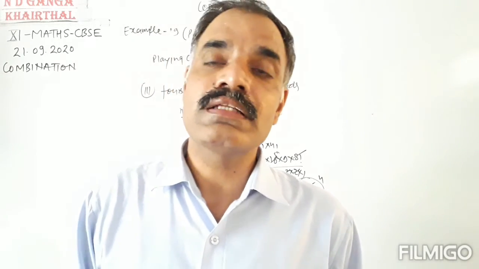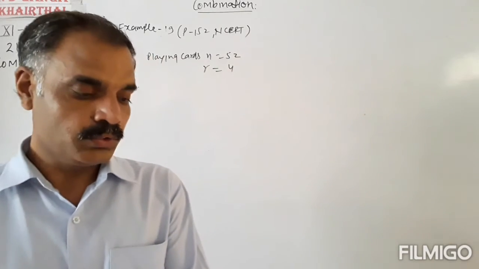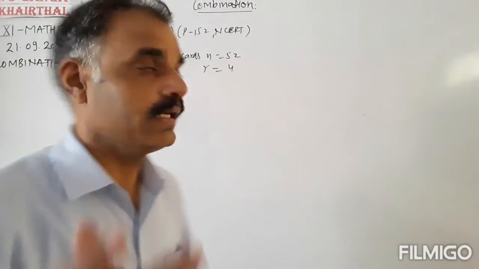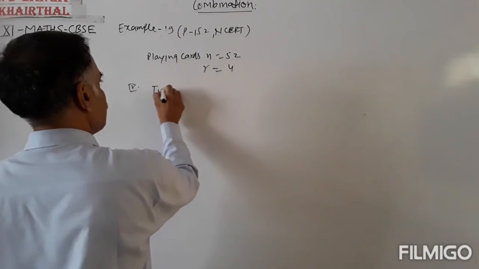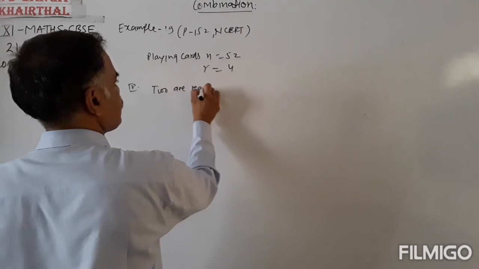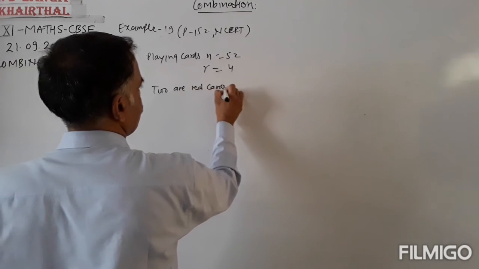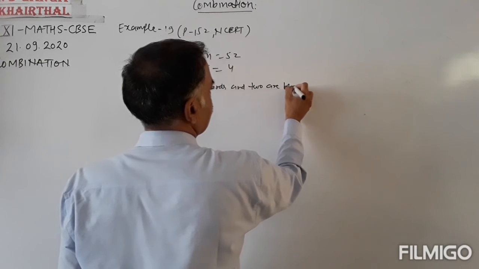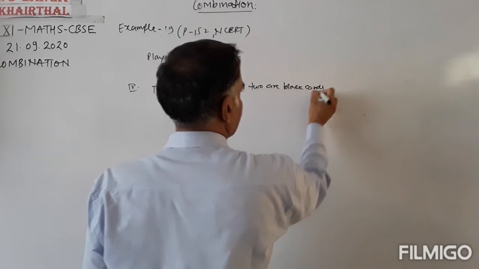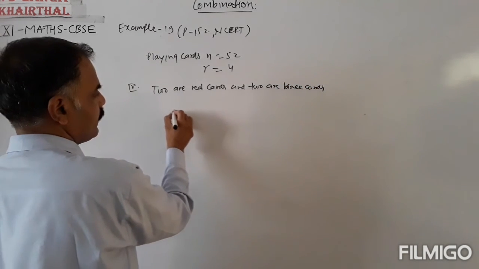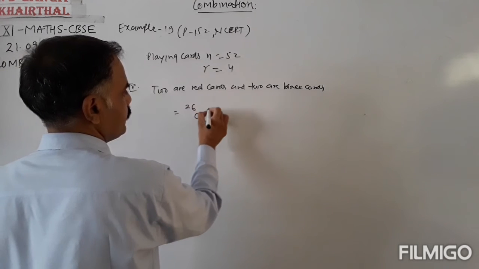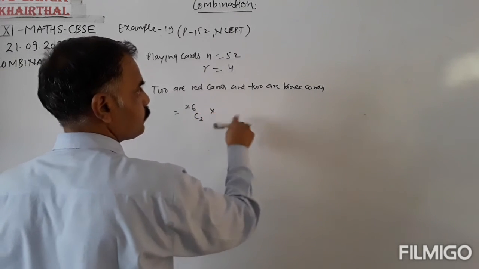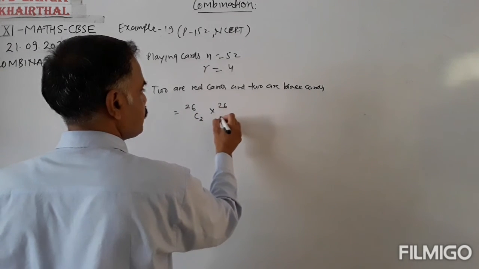Now the fourth part is 2 are red cards and 2 are black cards. So 2 red cards from 26 red cards is 26C2, and 2 black cards from 26 black cards is 26C2.